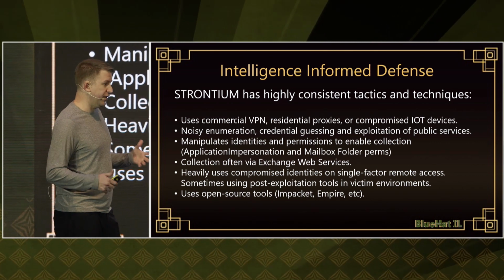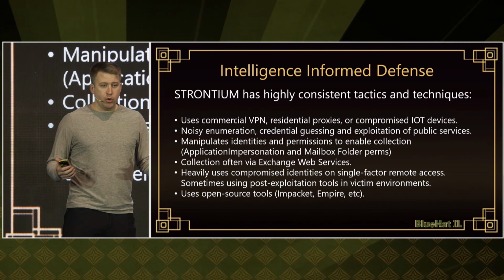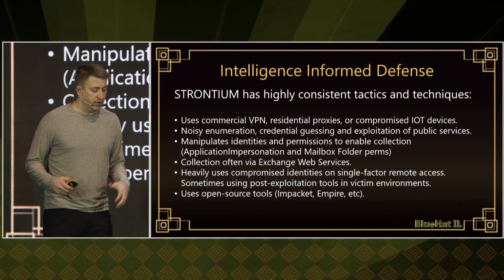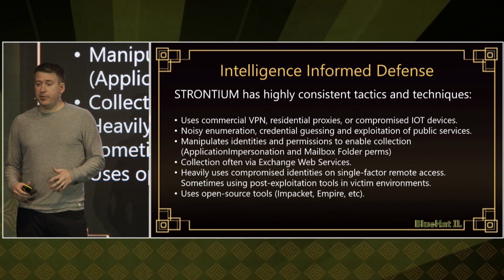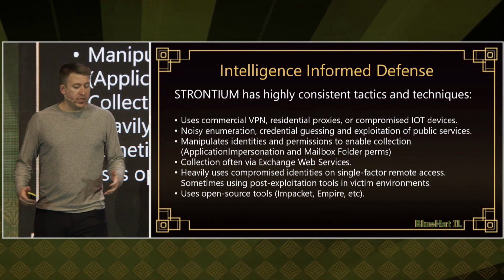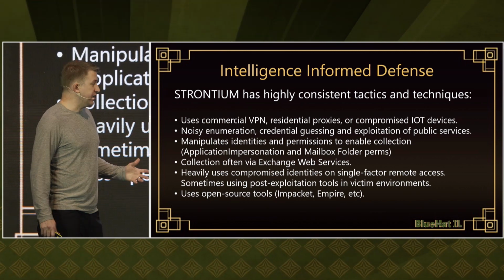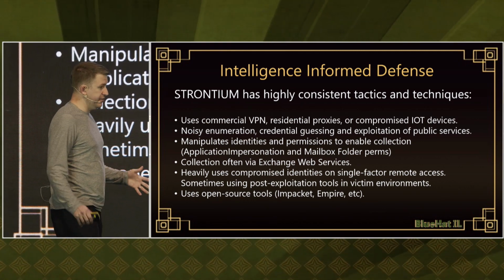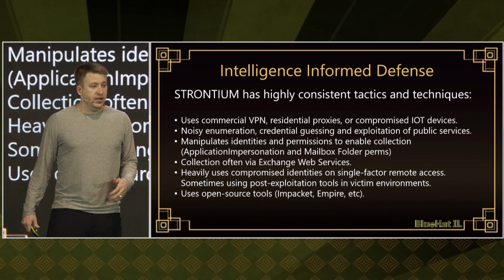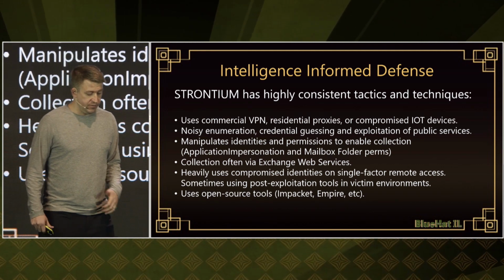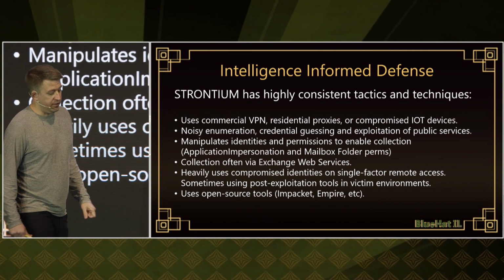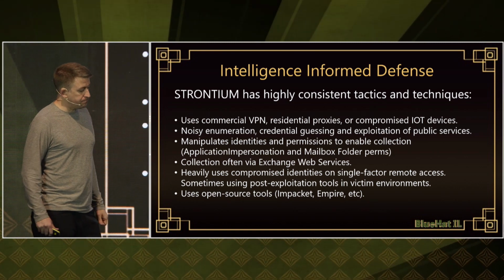Again, this is a most likely information-motivated actor. They love to steal email. So we'll see that either via application impersonation or mailbox folder permissions. They love to collect data via legacy Exchange Web Services activity, and so looking for that where it's non-standard can be very valuable, and we found a lot of investigations have used that.